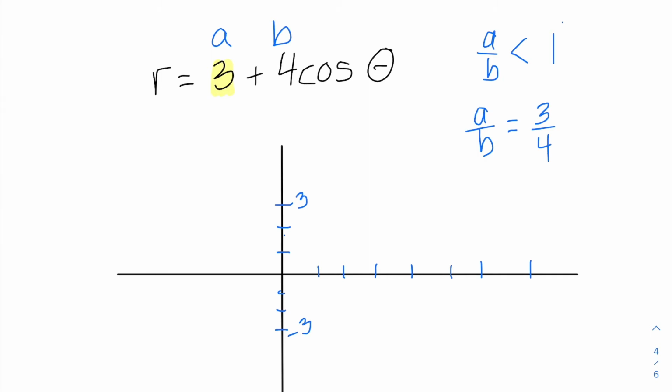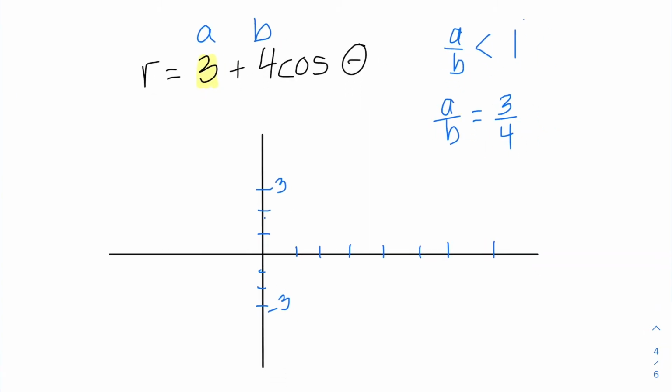The way that this is going to work is that when you have an inner loop, your inner loop is dictated by the absolute value of A minus B. That'll tell you the intercept for that inner loop, and then A plus B, we don't have to worry about the absolute value because A and B are positives, but A plus B will tell you the location of your outer loop.